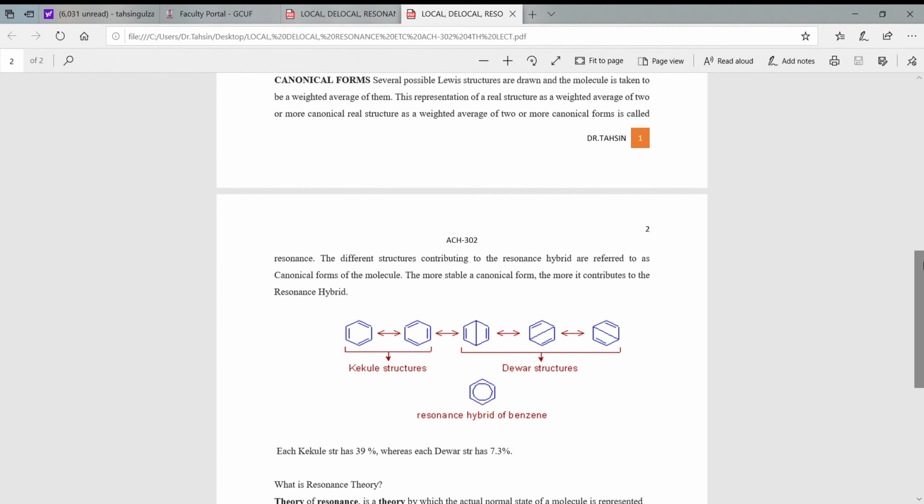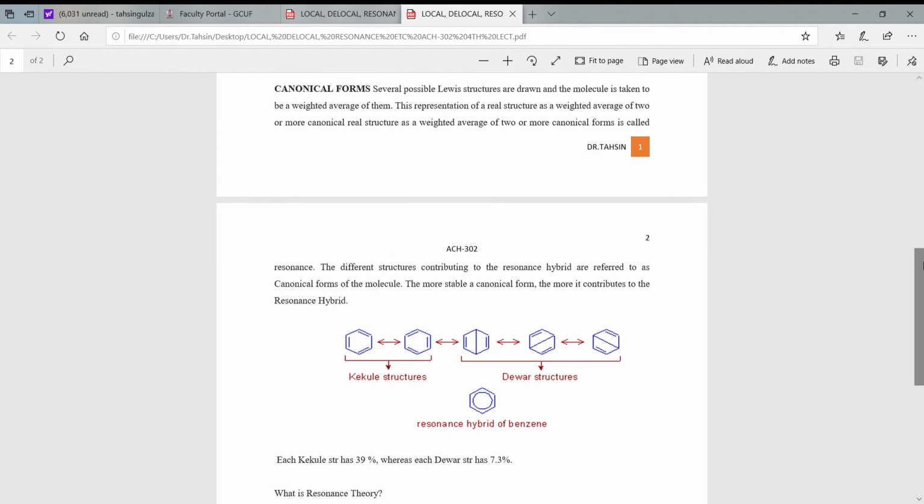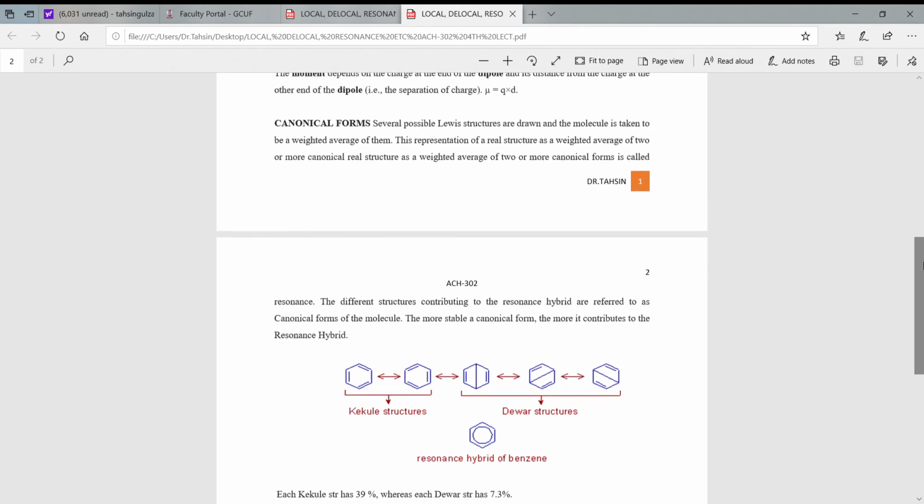The more stable a canonical form, the more it contributes to the resonance hybrid, because Kekulé structures are more stable as compared to Dewar structures. So they contribute a major percentage of benzene. Hybrid means a combination of all the resonating or canonical forms or contributing structures.